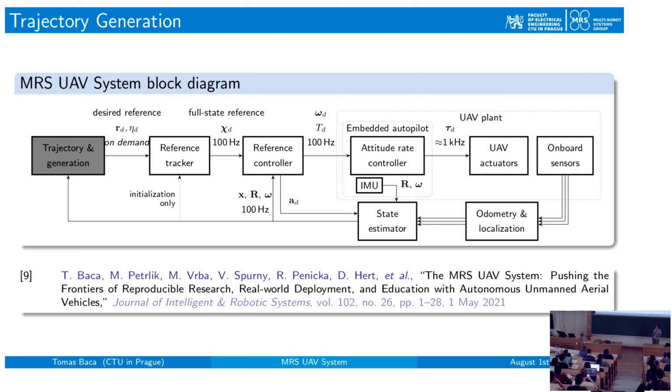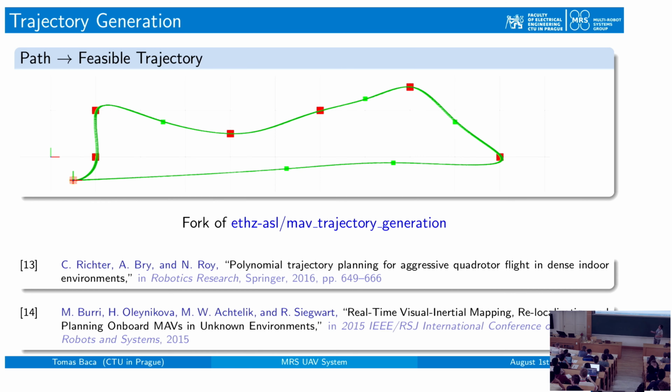So you as a user might create a path for the drone, which consists of a series of waypoints. This trajectory generation will create a trajectory which goes through the waypoints, satisfies the constraints, and makes the drone follow the path nicely.